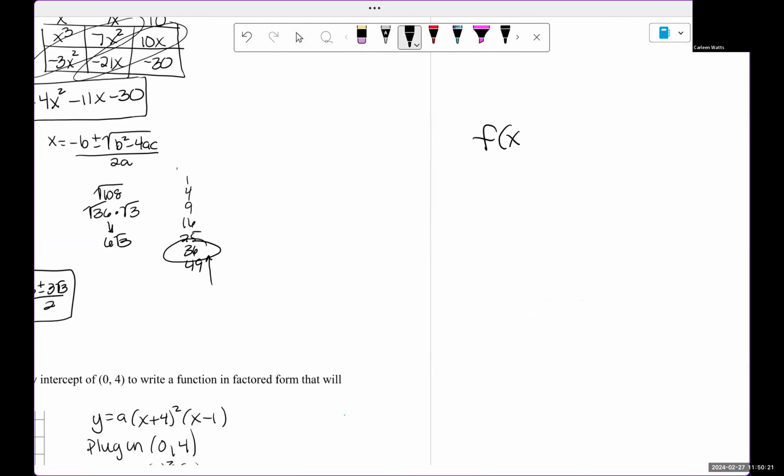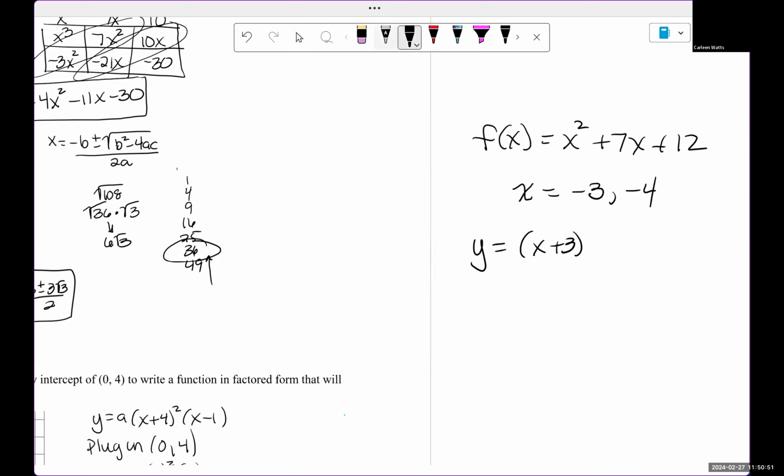So f of x is x squared plus 7x plus 12. If you were to do quadratic formula, you would get x equals negative 3 and negative 4. You could factor and get x plus 3, x plus 4, and get the zeros.